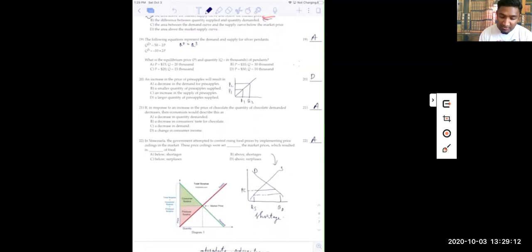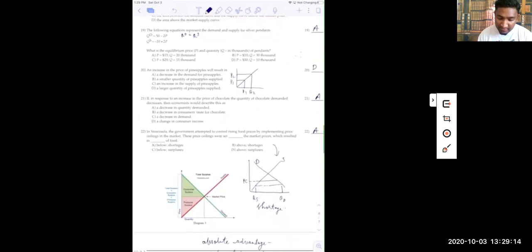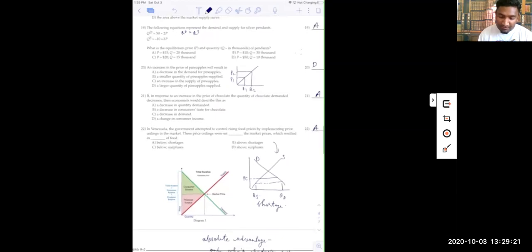Next question, question 19. The following equations represent the demand and supply for silver pendants. What is the equilibrium price and quantity? At equilibrium, the quantity demanded is equal to quantity supplied. QD is equal to QS. So 50 minus 2P is equal to minus 10 plus 2P.